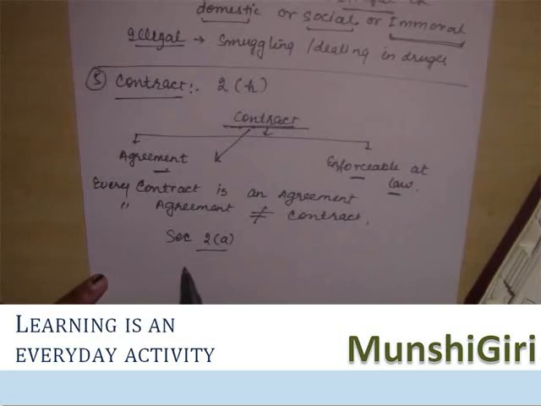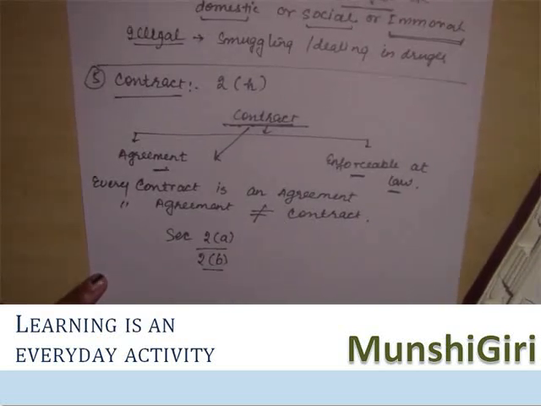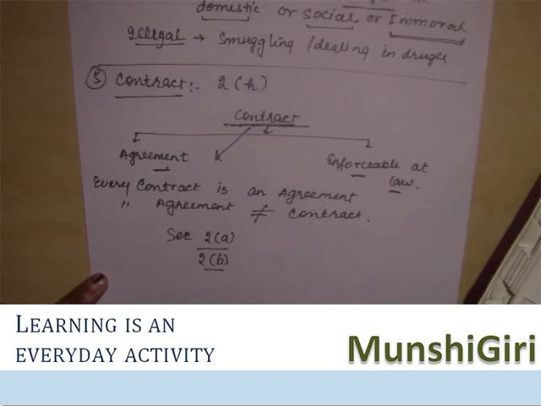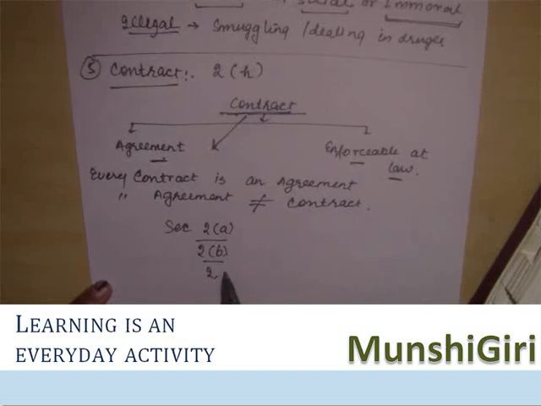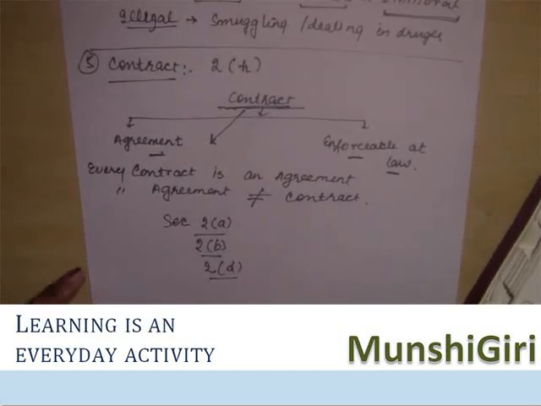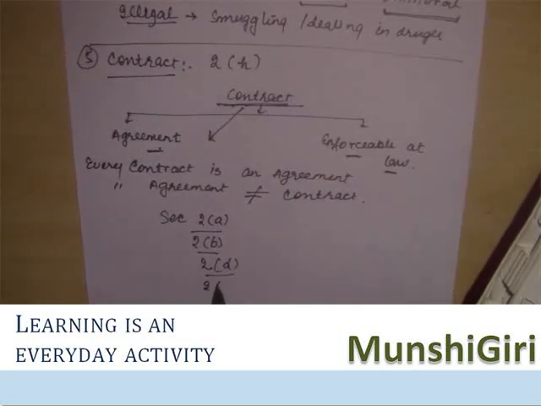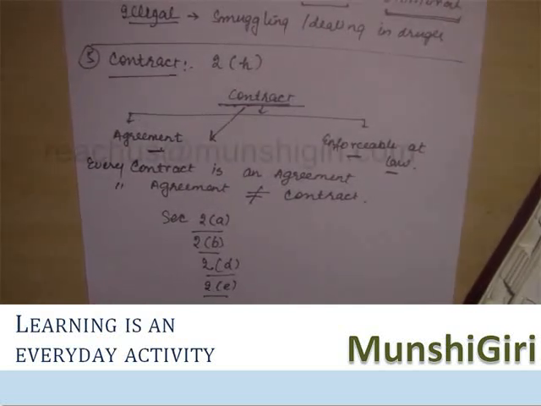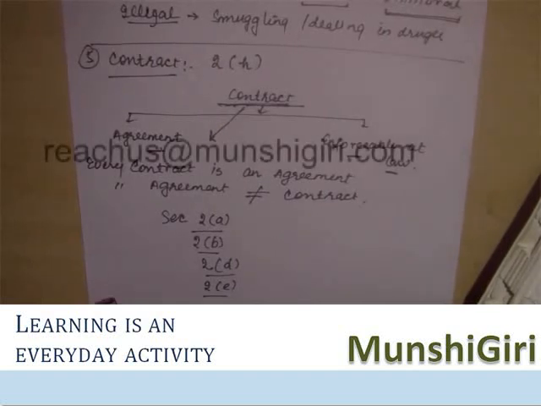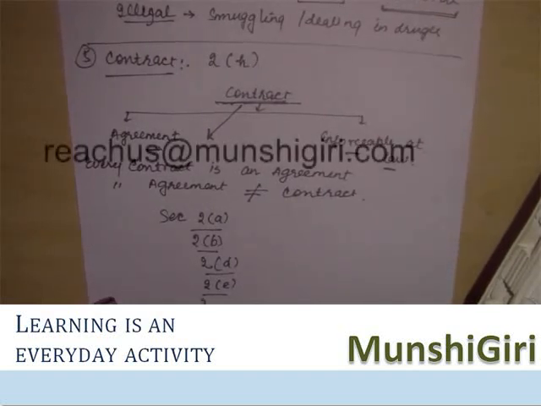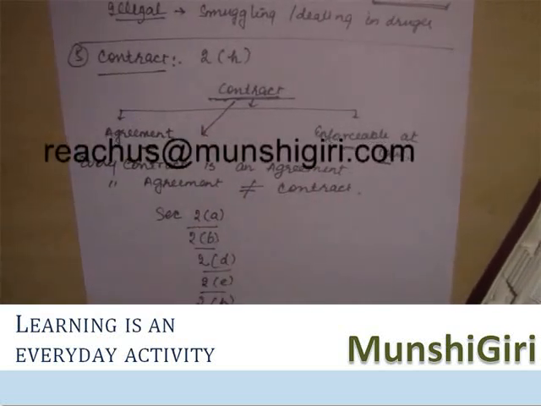Then we covered acceptance, that was section 2 clause B, when the offeree signifies his willingness in response to the offer, that is acceptance. Third one was consideration, that we covered in section 2 clause D. An agreement must be supported by money or money's worth. Next we moved ahead to agreement, that is promise or set of promise forming consideration for each other. The last definition that we covered just now was contract, section 2 clause H. An agreement enforceable at law is a contract.